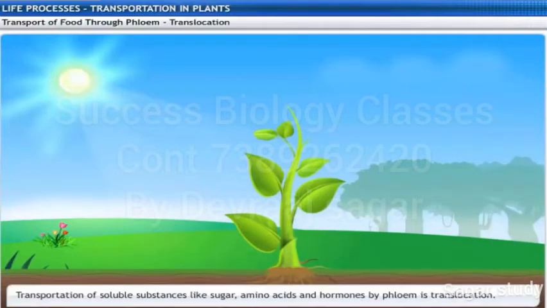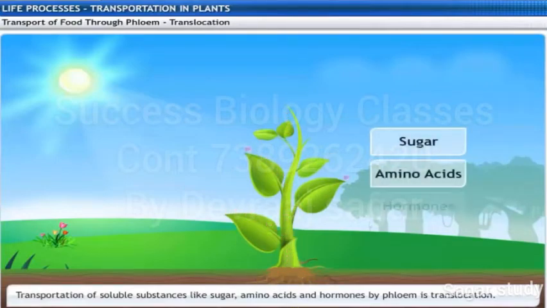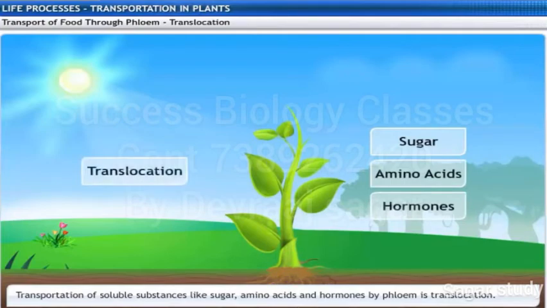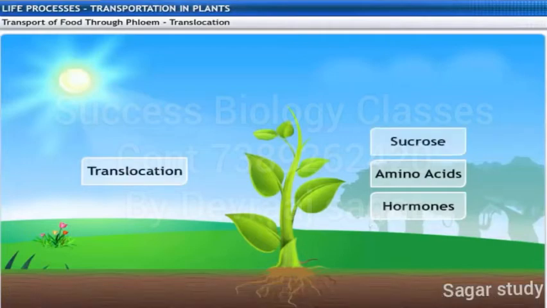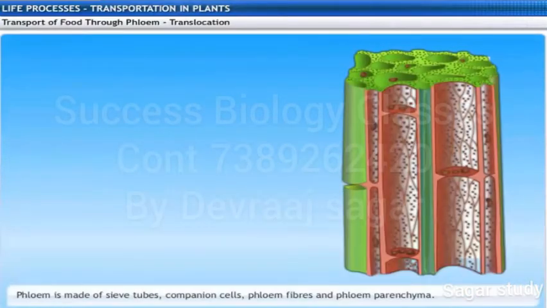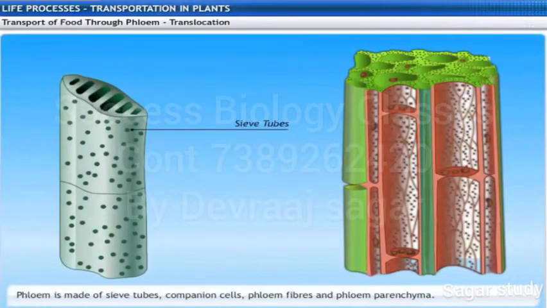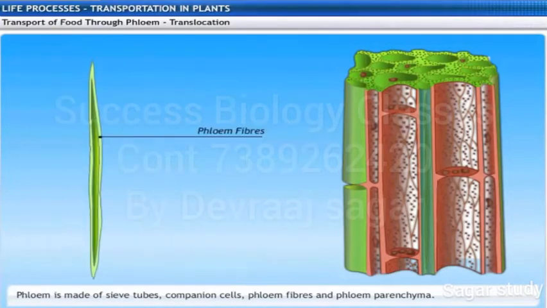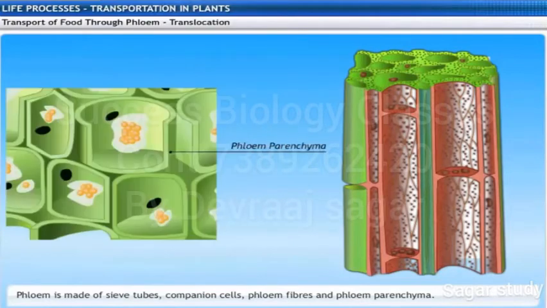Transportation of soluble substances like sugars, amino acids and hormones by phloem tissue is called translocation. Sugar is translocated in the form of sucrose. Phloem is made of 4 types of cells: sieve tubes, companion cells, phloem fibers, and phloem parenchyma.